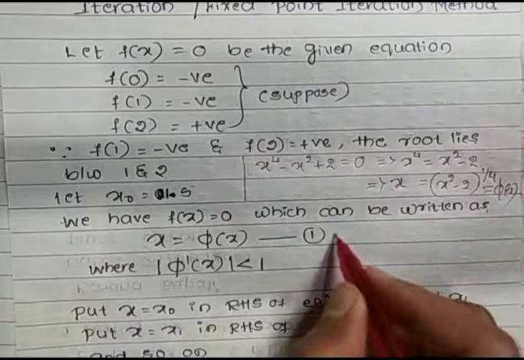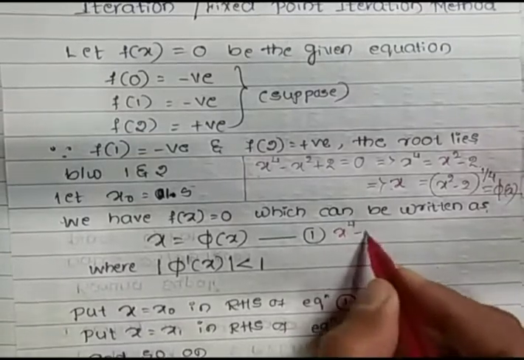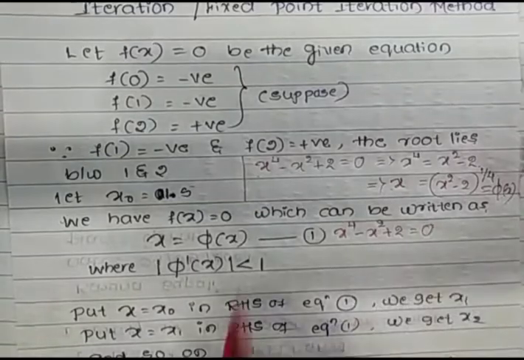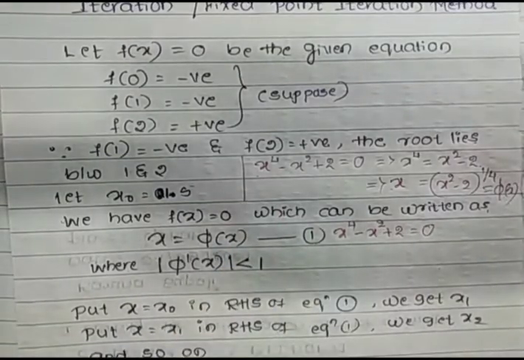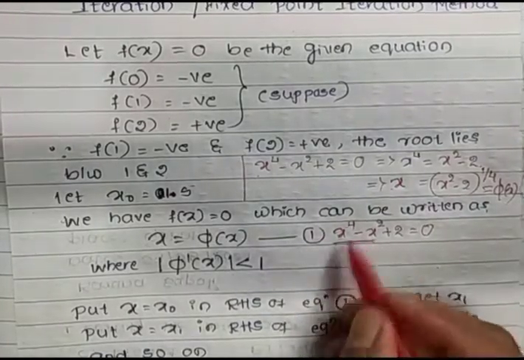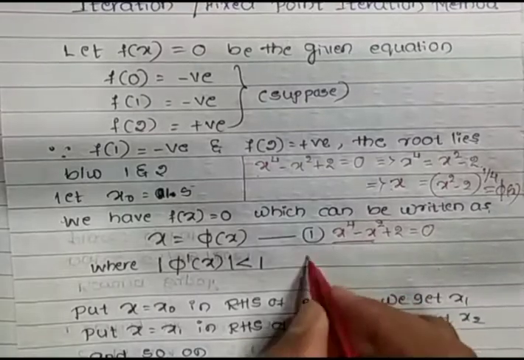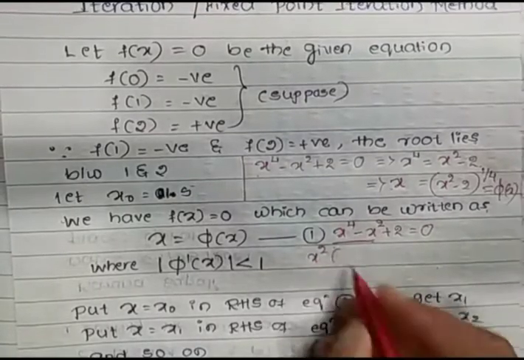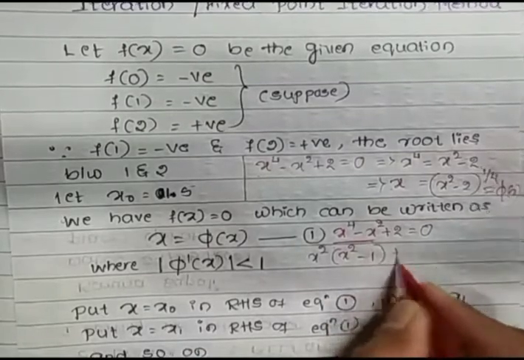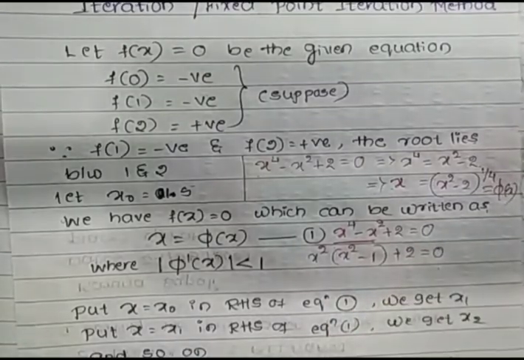But again, the same equation x raised to 4 minus x square plus 2 is equal to 0 we can express in one more form. From the start, in x raised to 4 minus x square, we can take x square outside, then this will be x square into x square minus 1, plus 2 is equal to 0.